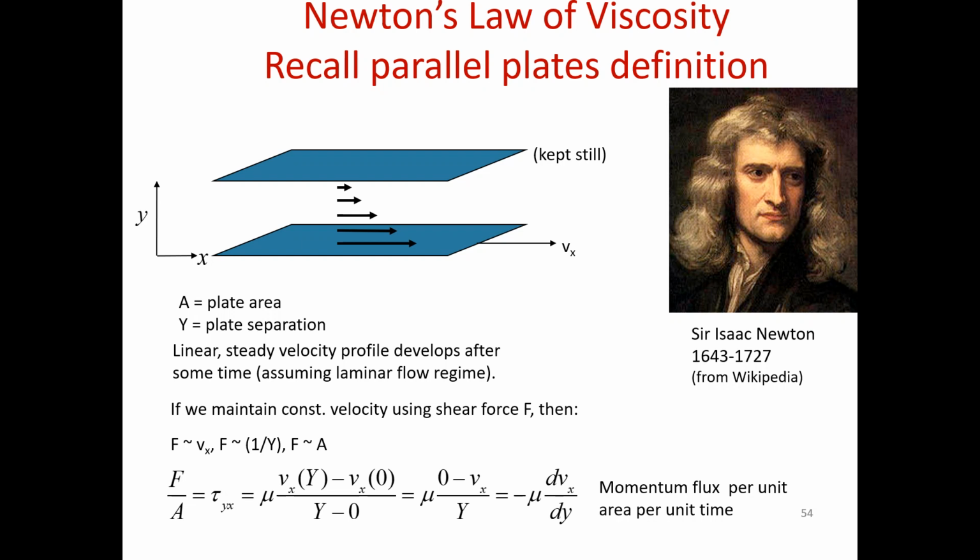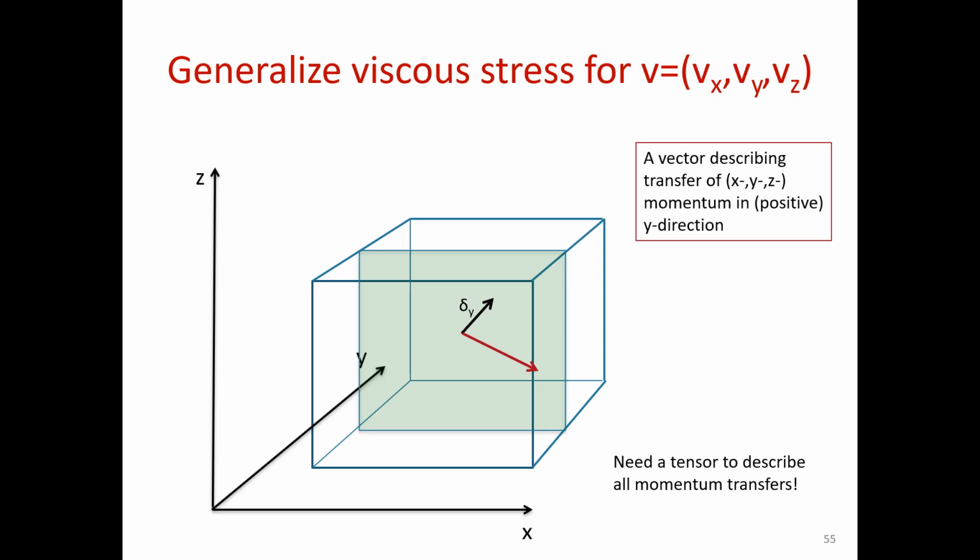We denote it as tau yx. Now, what if I have different planes? I could have some general velocity vector that has Vx, Vy, Vz components, and all of those momenta, x momentum, y momentum, z momentum, could transfer across my plane. They do transfer across the y plane, x plane, z plane, in any plane I feel like striking.